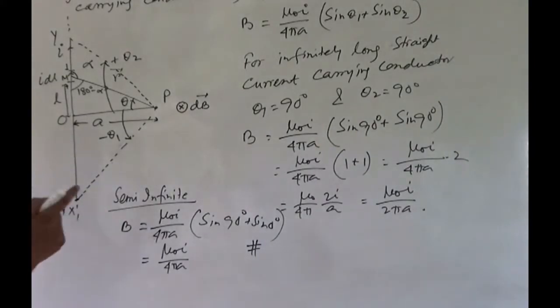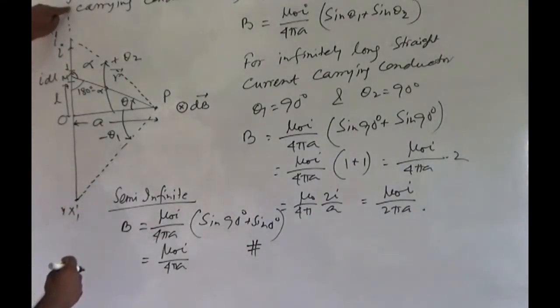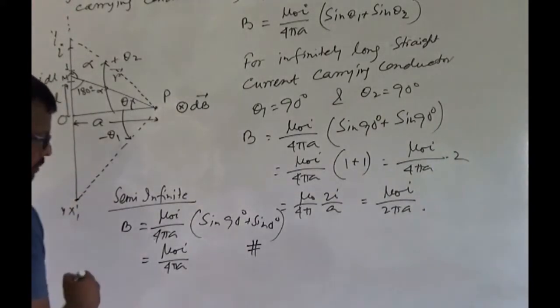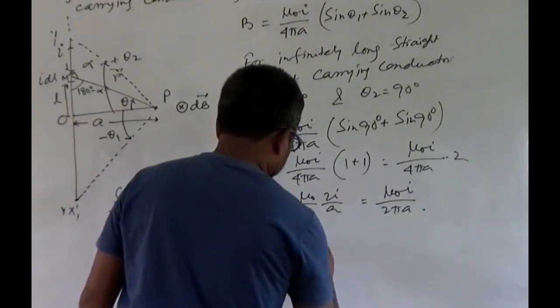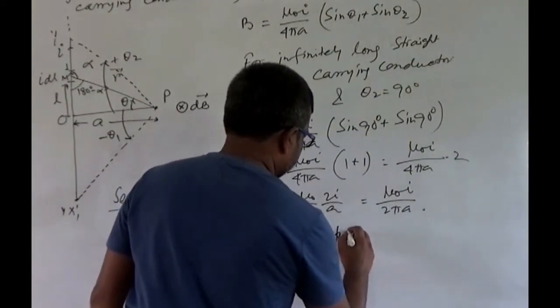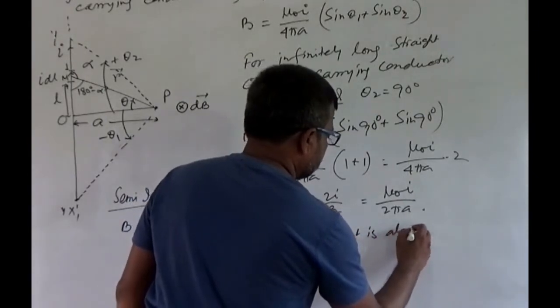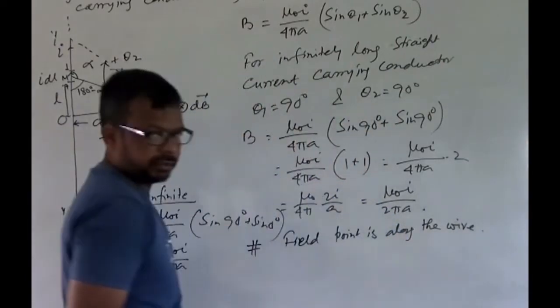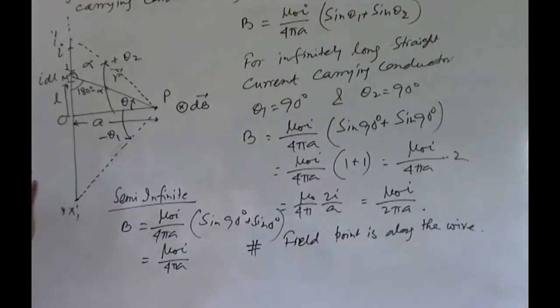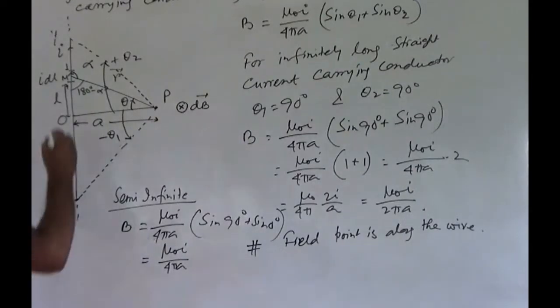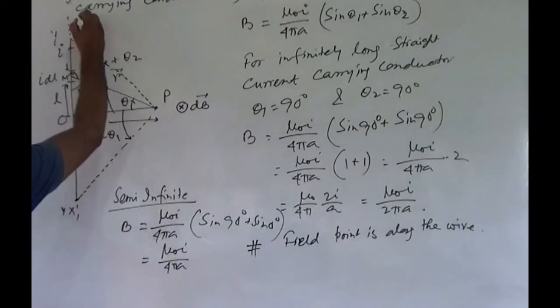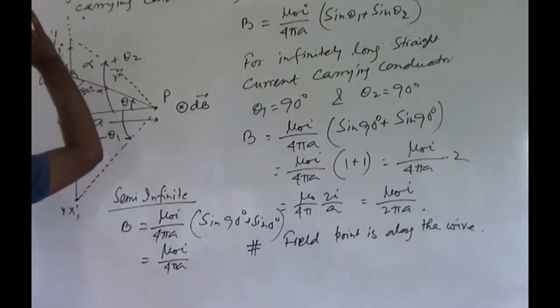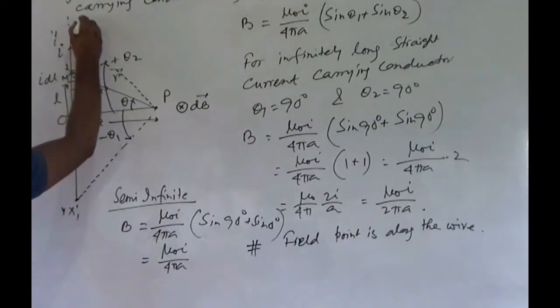If the field point is here or here, then what happens? Now see here, you have to think about this. Just concentrate here. If the point is here, then what happens?